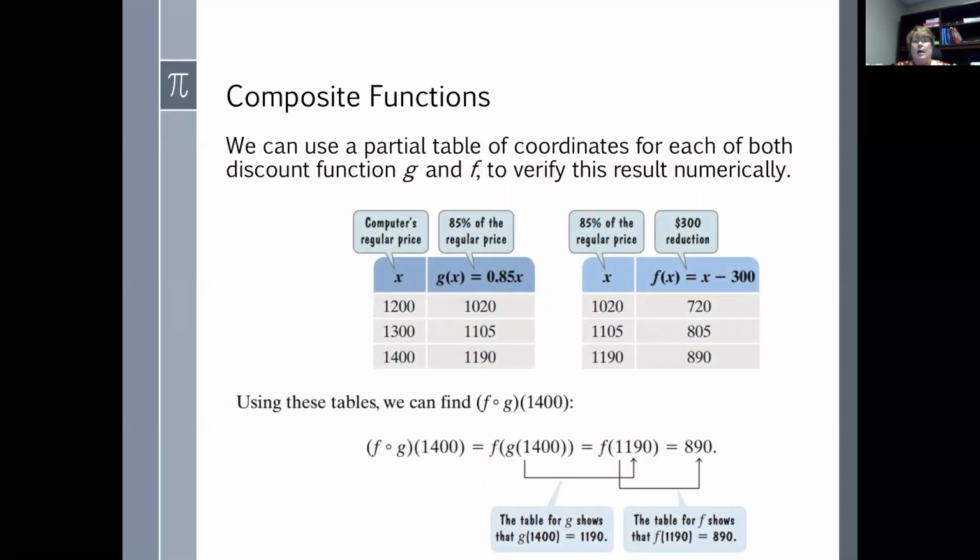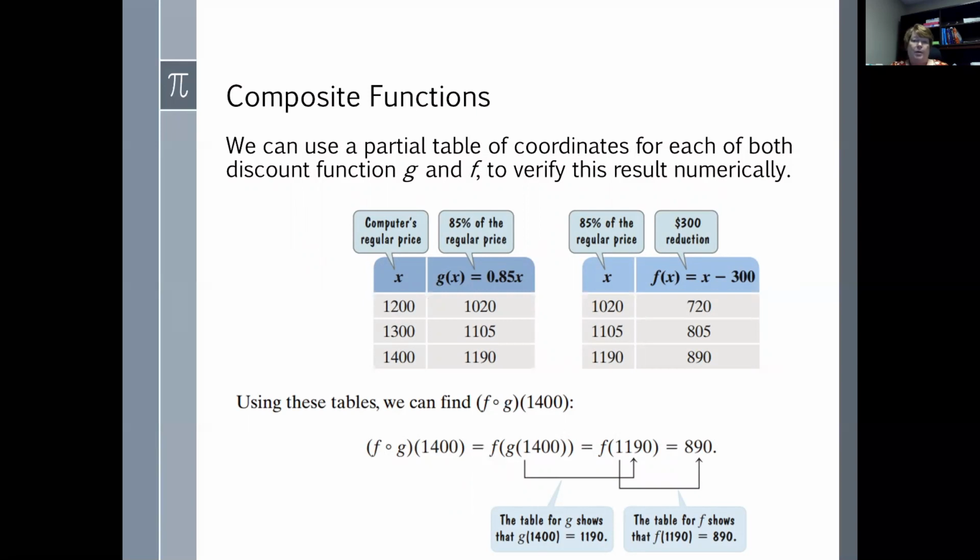Okay, this slide just shows you how this works. One of the original sales was that you're going to get 85% of the original cost. So it's going to cost you 85% of the original cost. So if the input of the function g was 1,200, its output is 1,020.